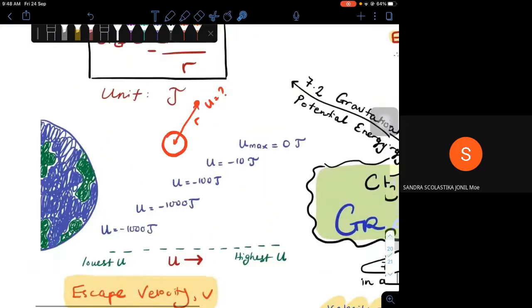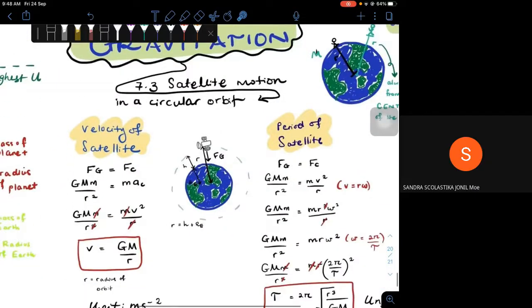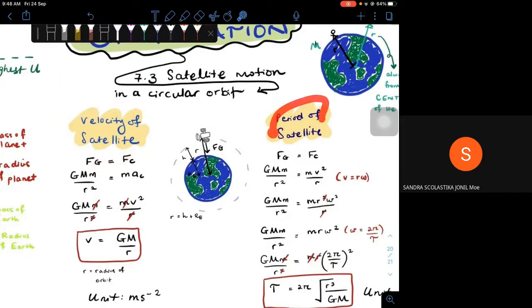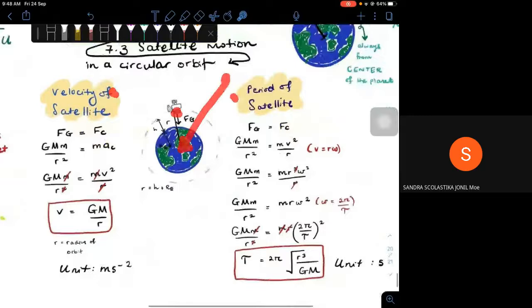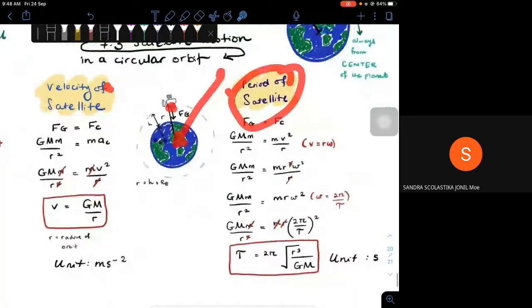Lepas tu tadi kamu belajar apa? Pasal velocity of satellite dengan period of satellite. So remember, M ni mass of the planet. Tengok huruf besar dengan huruf kecil. R always from the center. Tak kisah objek kamu kat sini ke, kat situ ke. Sama juga period of satellite, we don't have the mass of satellite over here.